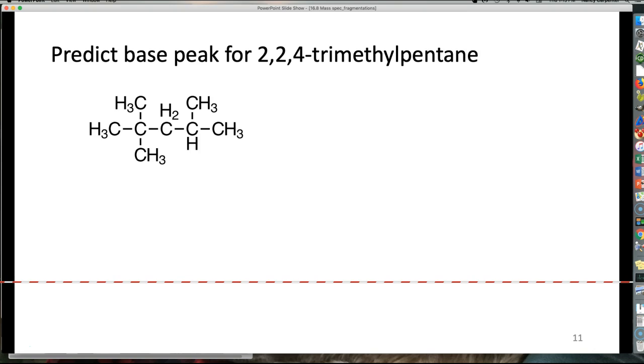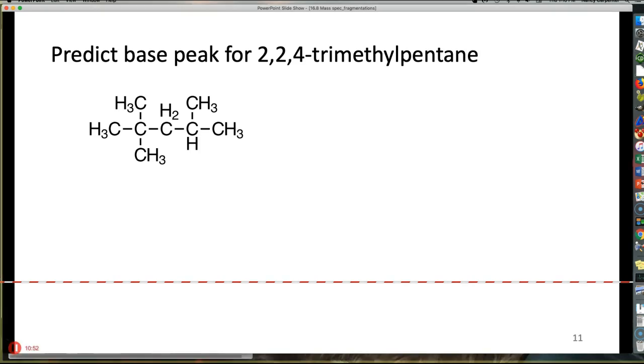All right, so given that, predict the base peak for this molecule. And the way we start is by thinking about lone pairs, pi electrons, sigma electrons. Well, obviously, we only have sigma electrons, so we're going to have to kick out an odd electron from one of these sigma bonds in such a way that makes the most sense in terms of stability.